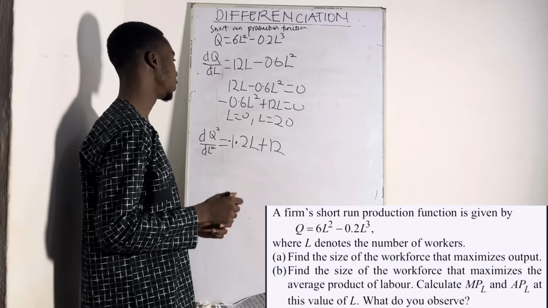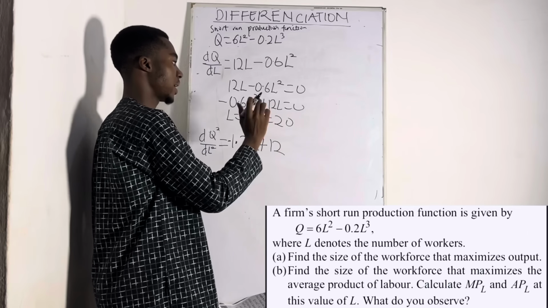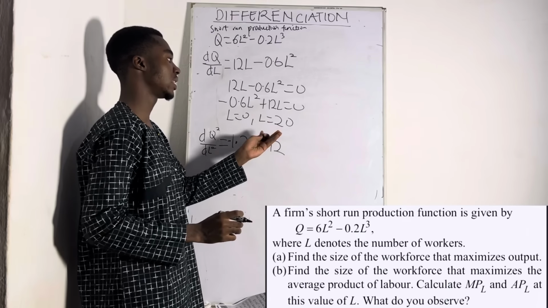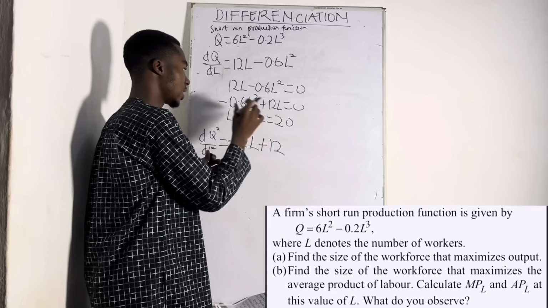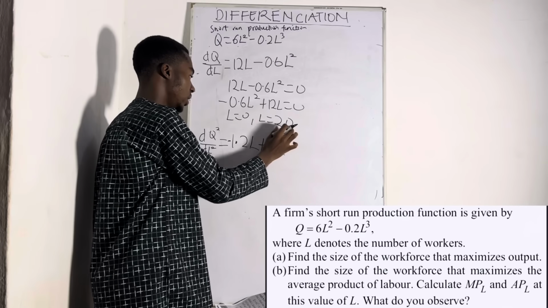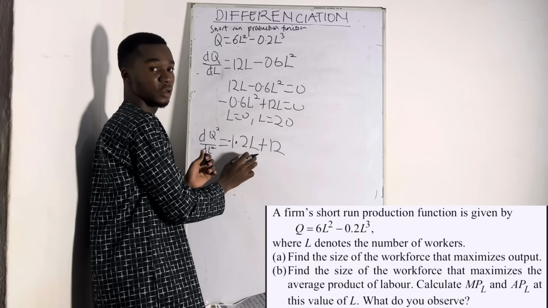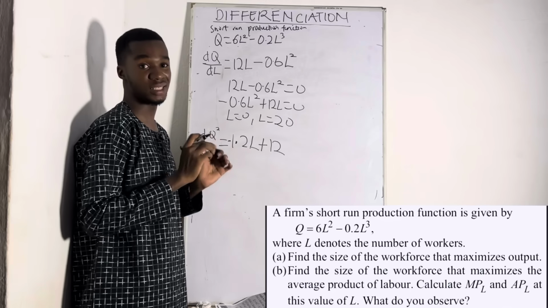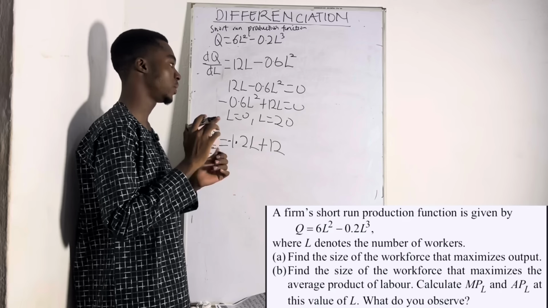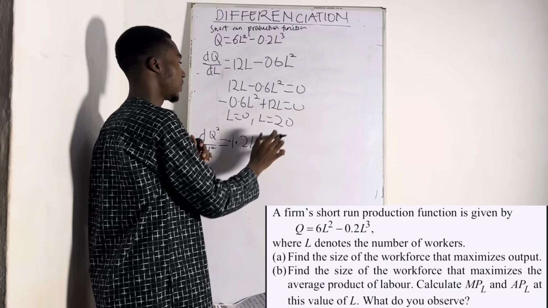Now if we want to be sure that this 20 actually maximizes output, because this 20 means that it either minimizes output or maximizes output, we put the 20 into the second derivative, or when we differentiate for the second time. If what we get is negative, just like we were doing previously, then it means that this 20 actually maximizes output.